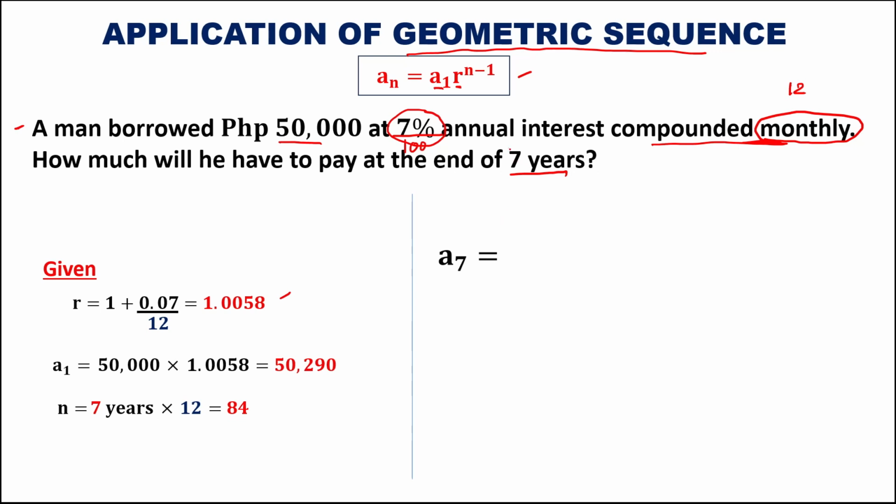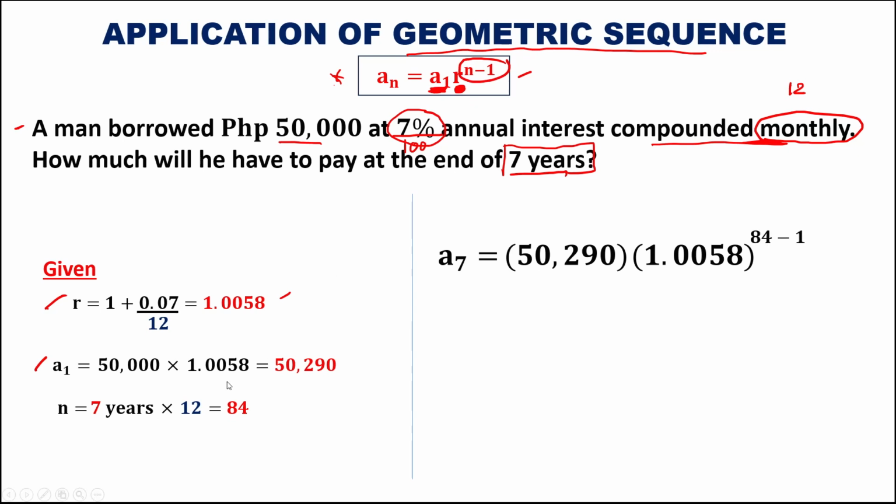So we have A sub 7, so that's for 7 years, equals, so from this formula, so first, A sub 1, and again, A sub 1 is 50,290, then times the common ratio, or R, that's 1.0058. Then to the power n minus 1, so n is 84 minus 1.